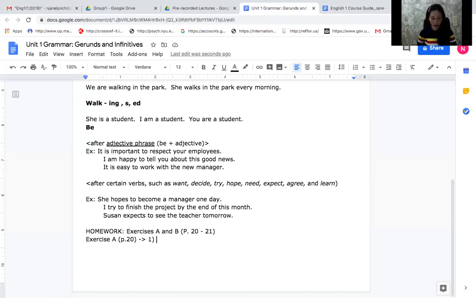So number one: when Ginny Pitcher needed to hire a director of business development, she turned to her closest friend, Kate Massey. Do you see any gerund or infinitive at all? The answer is, I see an infinitive. I don't see a gerund. I only see an infinitive here. The infinitive that I see is to hire, right?